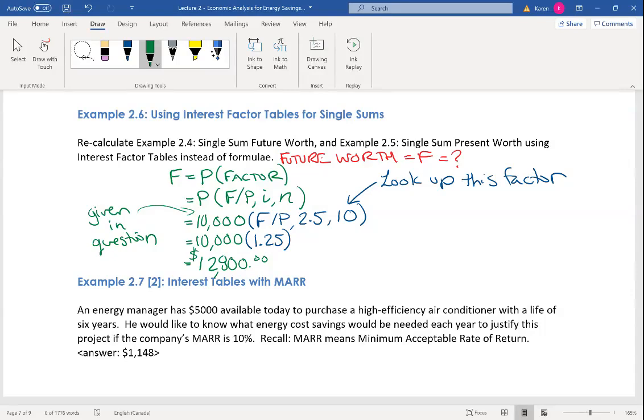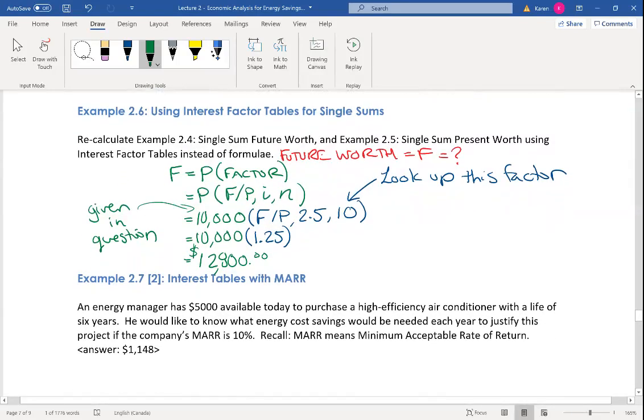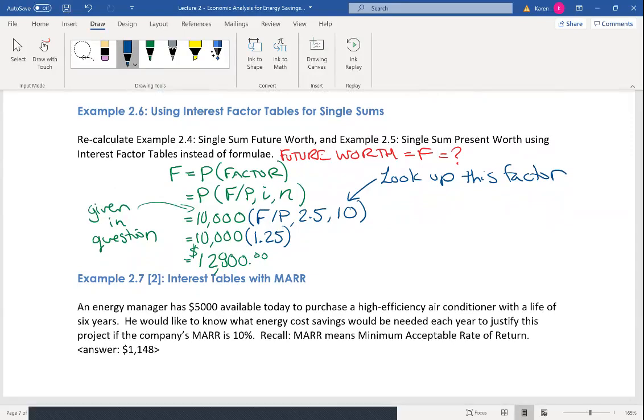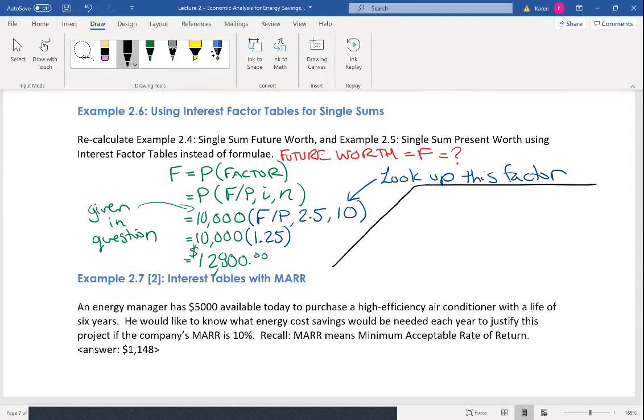And the other example above looked at the present value. What is the present value of 300,000? I can call that P or PV.